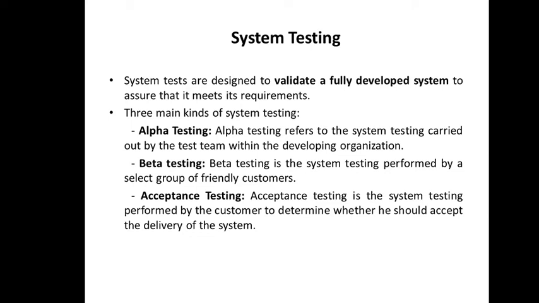While acceptance testing is carried out by the actual customers on real world data in the customer's or end user's environment. And here the decision is made whether to accept the system, reject it, or ask for modification. That is why the name given is acceptance testing.